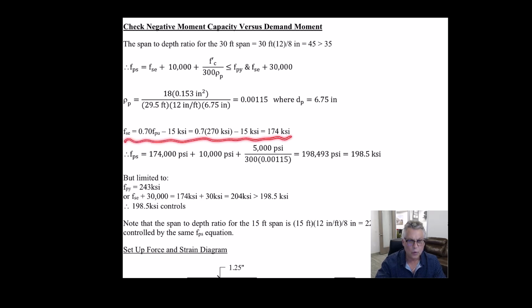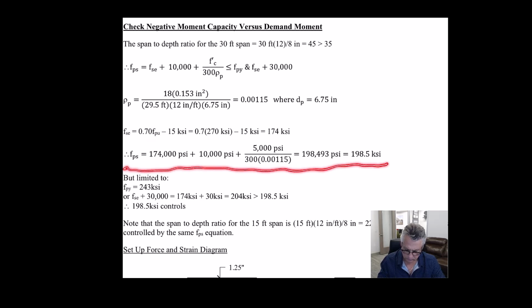FSE, same as it was in beams, same as it was in one-way slabs, and same as it is in two-way slabs. It's the same idea. We're stressed to 0.7 FPU or anchor at 0.7 FPU, stress to 0.8 FPU, and take a long-term loss of 15 KSI. So in this example, to the longer side, we have a 198.5 KSI.